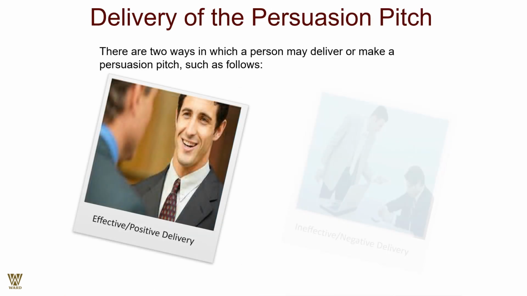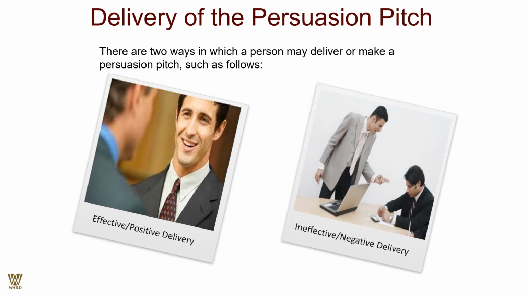So let us understand the delivery part, the delivery of a persuasion speech altogether. It is all about positivities and not negativities. If you look at the picture that I've already shown to you, there are basically two ways to ensure that the person is working as per your plan. One might be a persuasive pitch that you want to deliver, or a negative pitch that you want to play around.